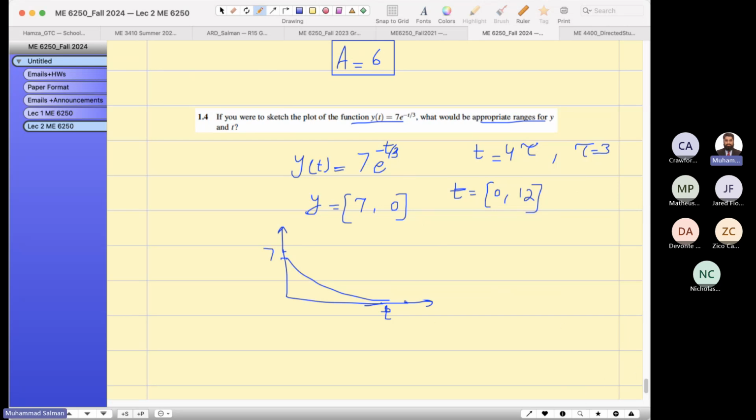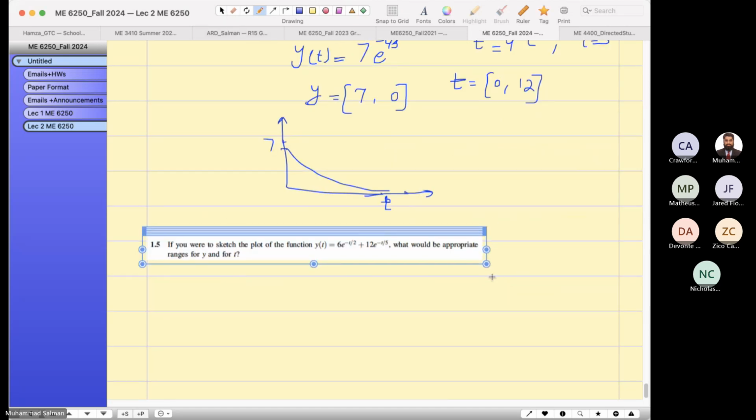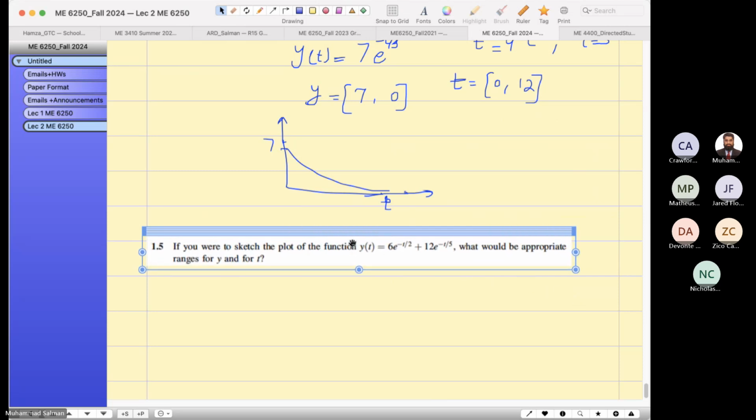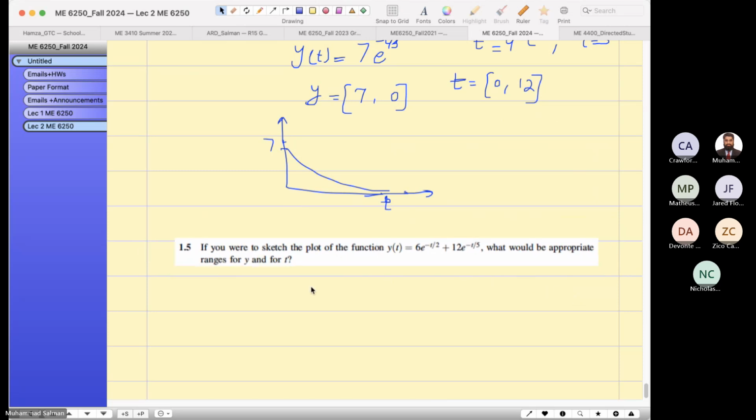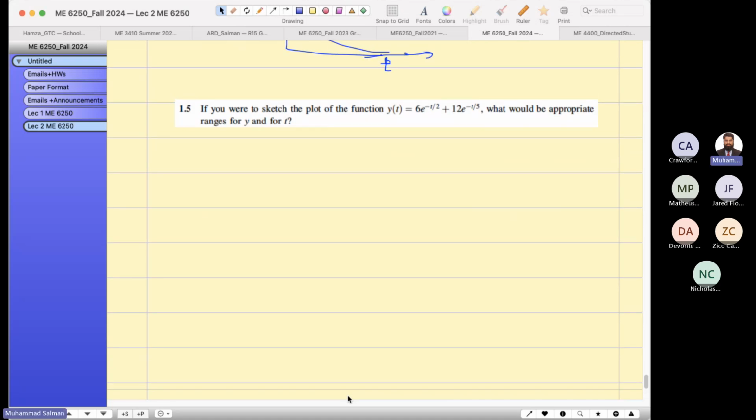Let's do another problem. If you were to sketch the plot for this function, what would be the appropriate ranges for y and t?